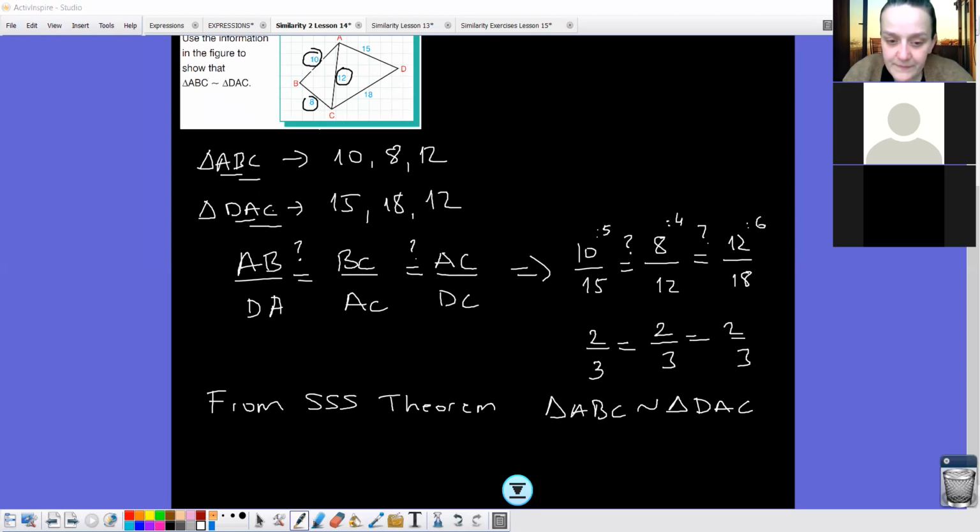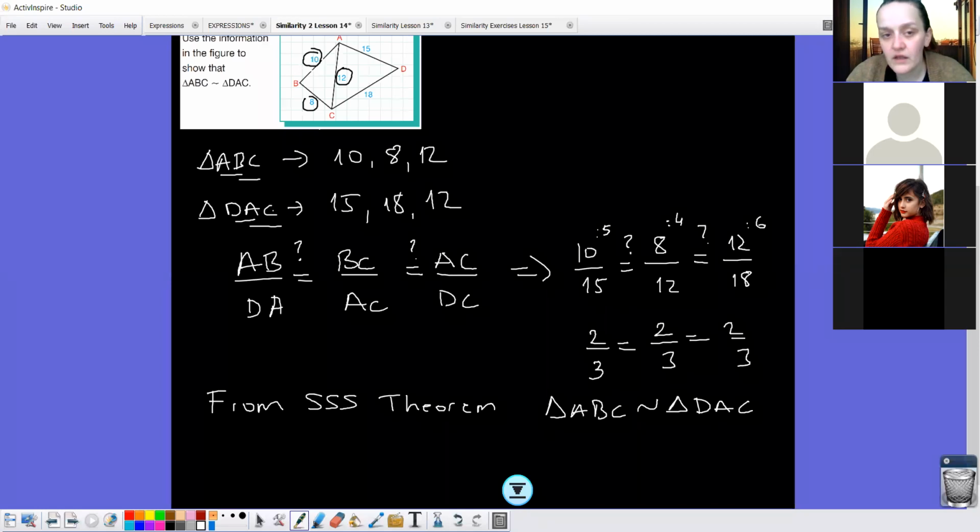Clear? Yes. Okay. If you're writing, I can wait, or I can open a new page to check another question. Teacher, here we don't have to find anything. We just need to prove, right? Yes, here it says show that these two triangles are similar.